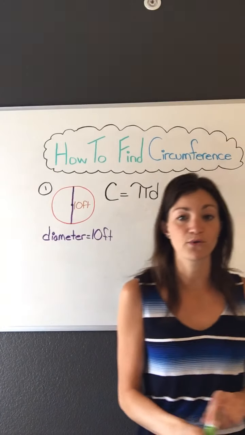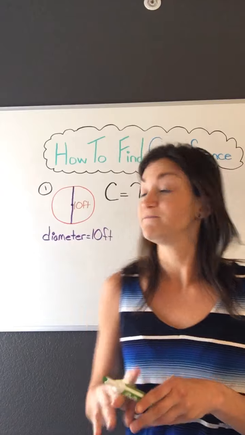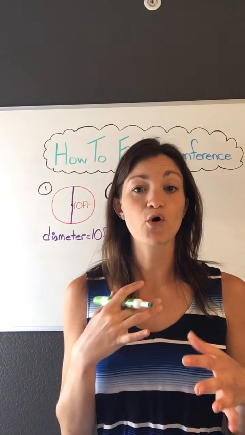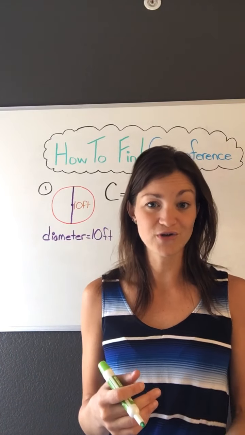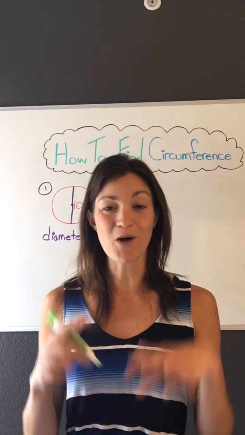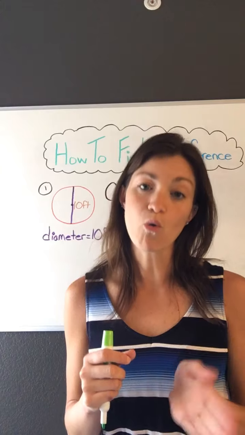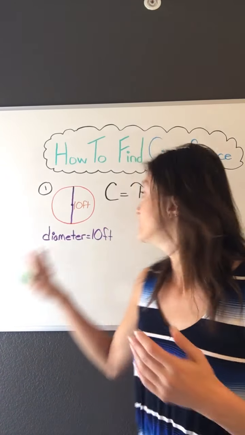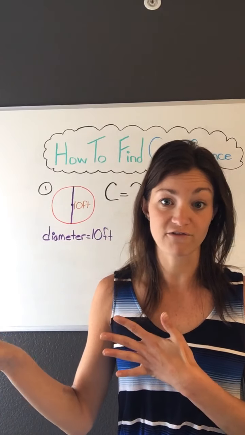The next part of what we have to do, this is where things can vary a little bit. Pi is a button on your calculator, so if you have the option, you can either use the pi button on your calculator, or most problems will give you directions that say use the pi button, or usually what's commonly used is 3.14, because pi is an infinite number, which means it continues forever.